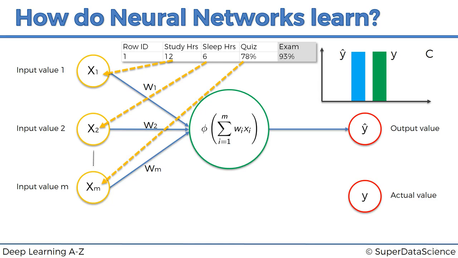So we have a data set of one row where, for instance, the variable that we're predicting is what results you're going to get on an exam, and the independent variables that we have are how many hours did you study for, how many hours did you sleep, and what did you get on the quiz in the mid-semester. So in the middle of a semester, there's a quiz, what percentage did you get there? So based on those variables, we're trying to predict what score you'll get for the exam. And in the exam, the 93%, that's the actual value.